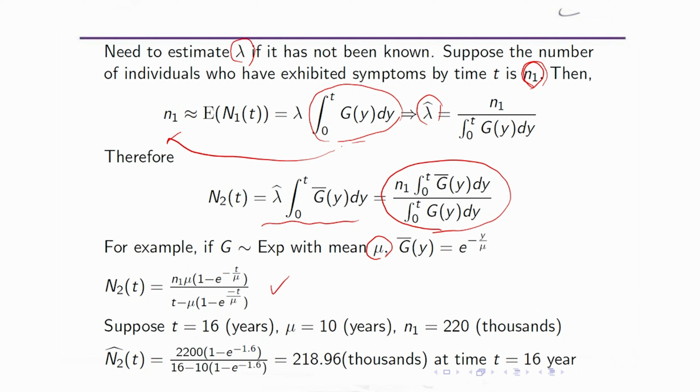To be more specific, if we are looking at a time horizon of, for example, 16 years, and we know that mu is equal to 10 and N1 is equal to 20,000, we can estimate N2(T) based on this equation, and the result will be 218.96 thousand.